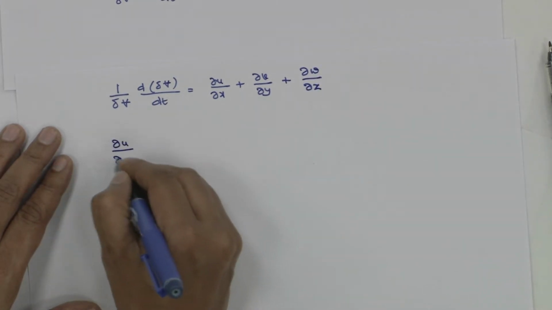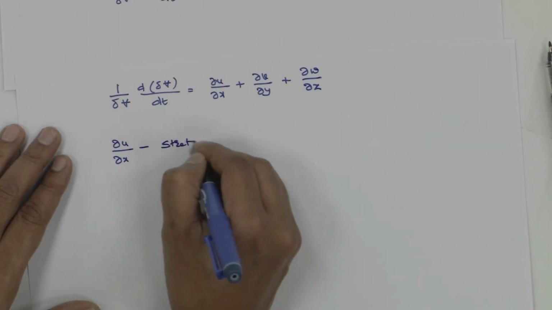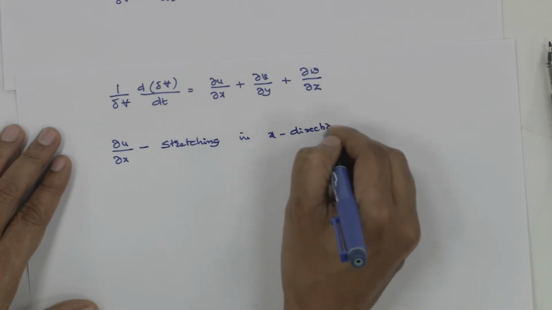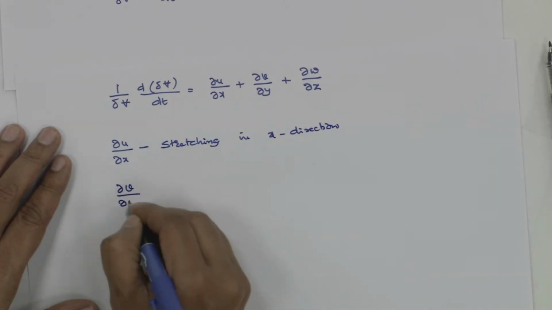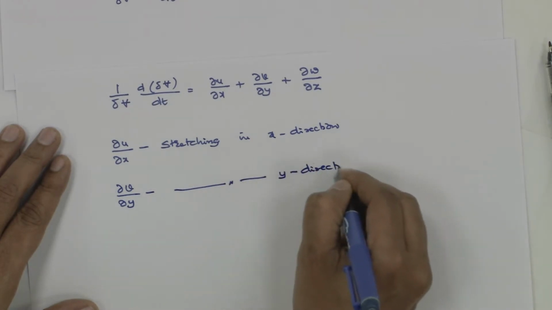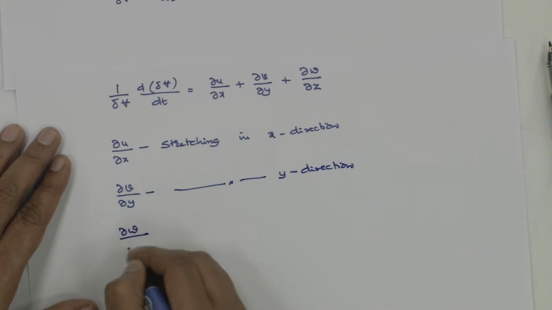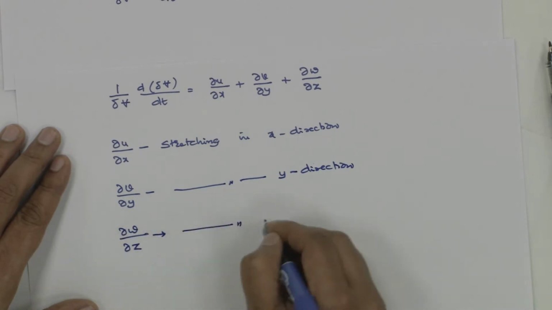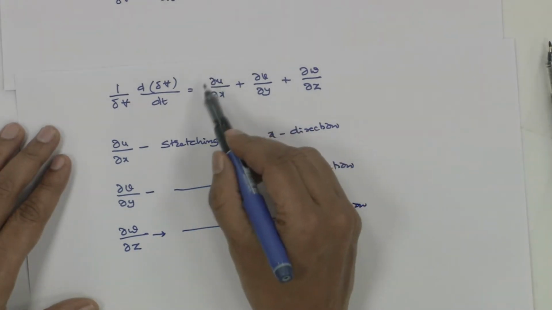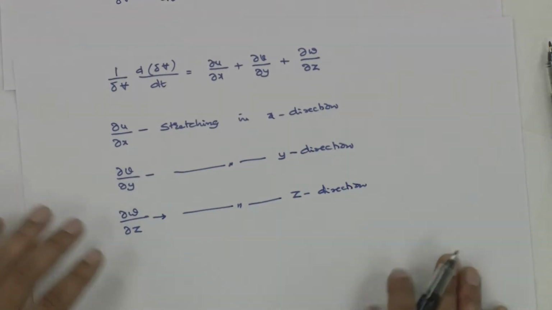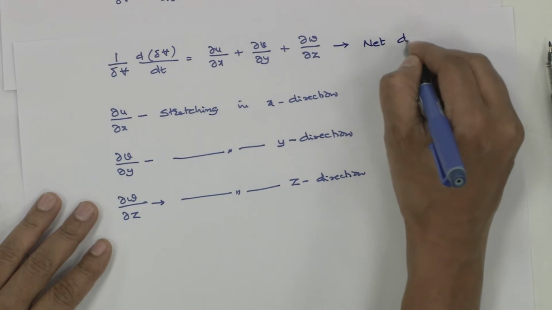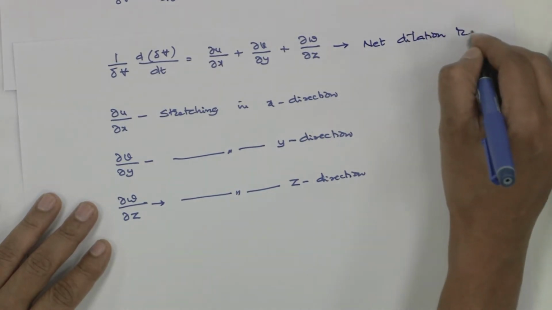Del u by del x is stretching in the x direction and del v by del y is stretching in y direction and del w by del z is stretching in z direction. It can be compression also. If it is compression, then this becomes minus. So, this can be visualized as net dilation rate, how much it is getting dilated.